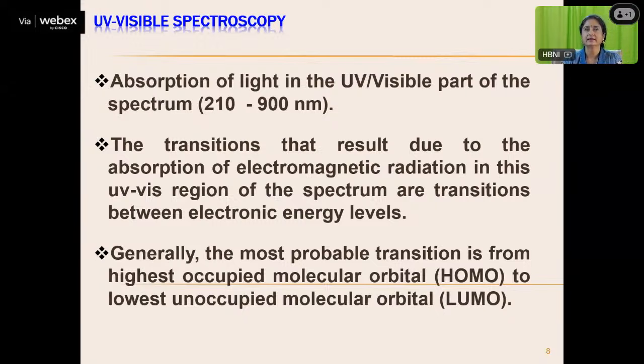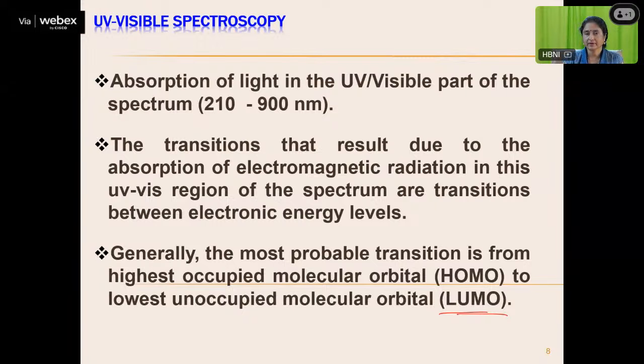The transitions that result due to the absorption of electromagnetic radiation in this UV visible region of spectrum are transitions between electronic energy levels. So generally during these processes, the most probable transition is from the highest occupied molecular orbital, that is HOMO, to the lowest unoccupied molecular orbital, that is the LUMO.